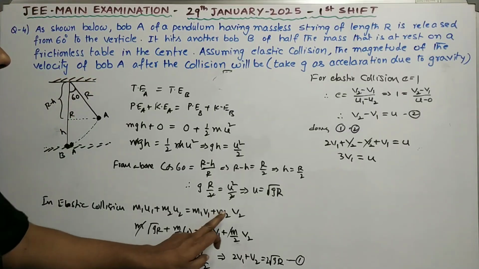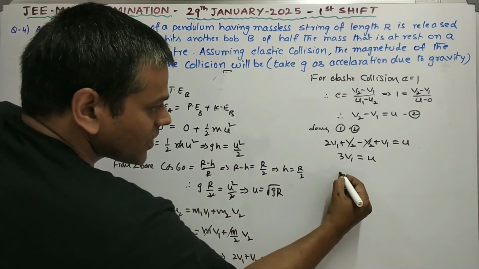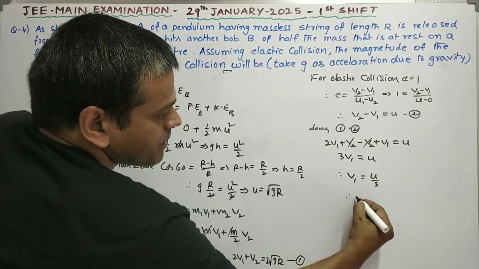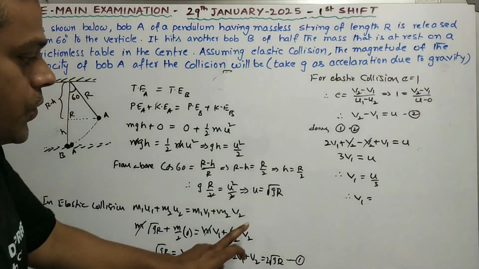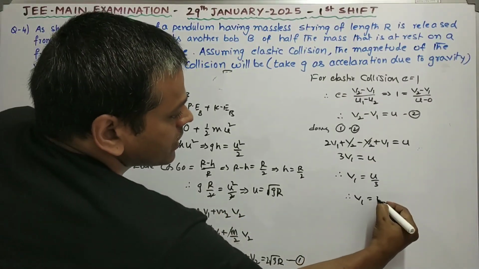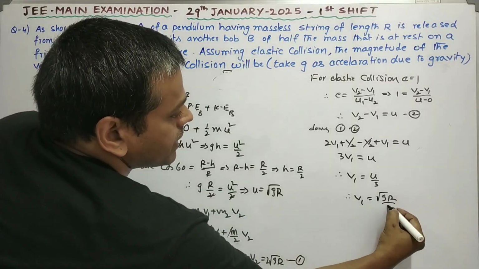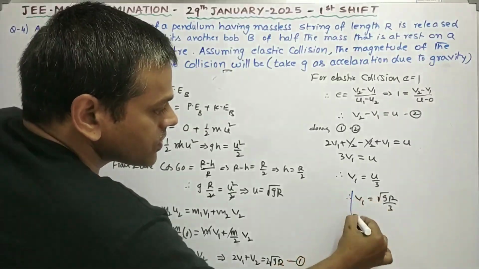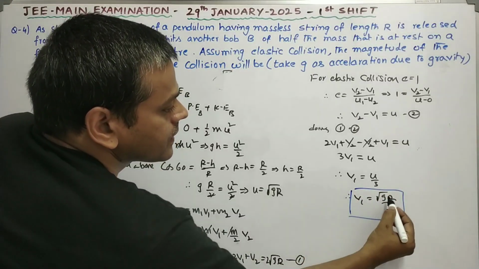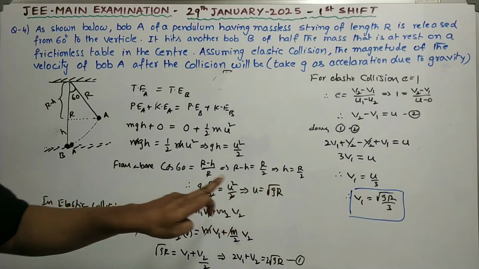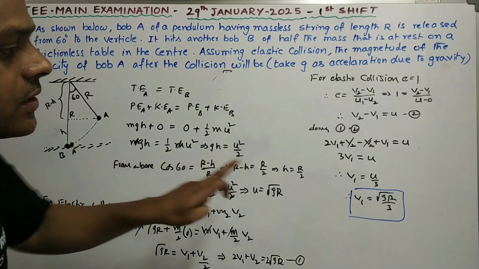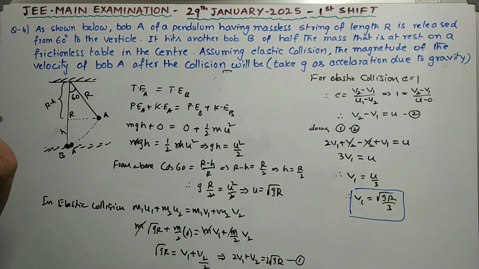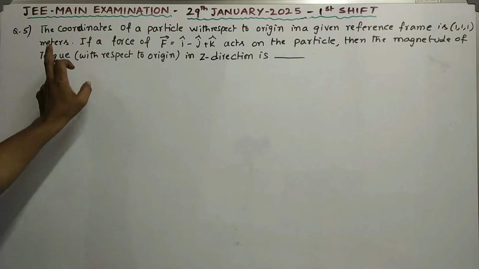But you get u is equal to root gr. Therefore v1 is equal to u by 3, that implies v1 is root gr by 3. So after the collision, the first bob A is moving with a velocity of 1/3 of its initial velocity, root gr. Okay, that's it.